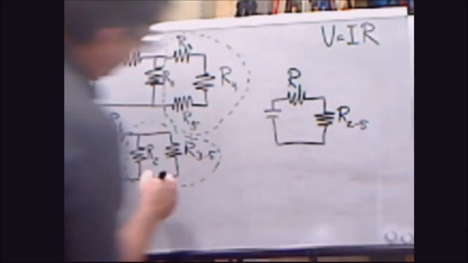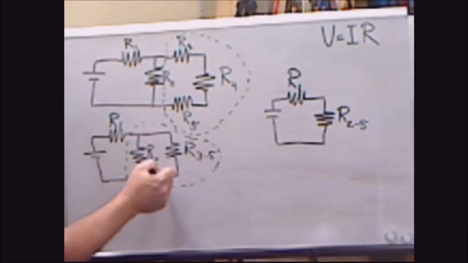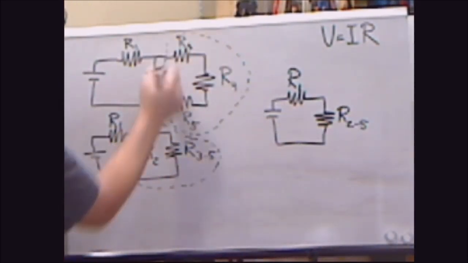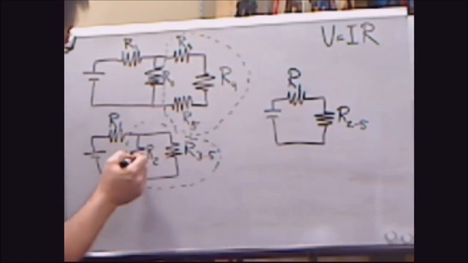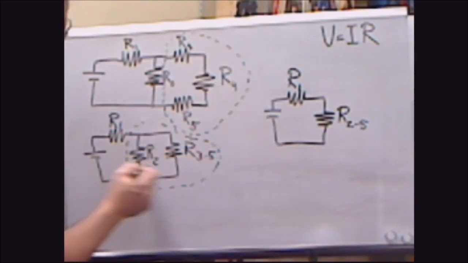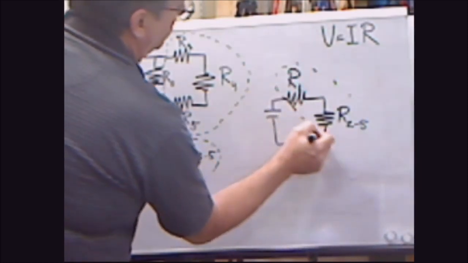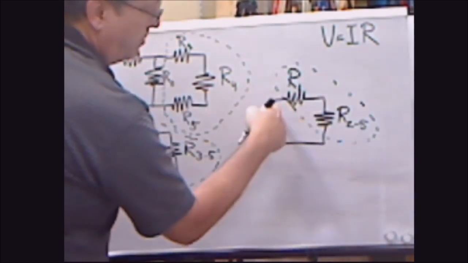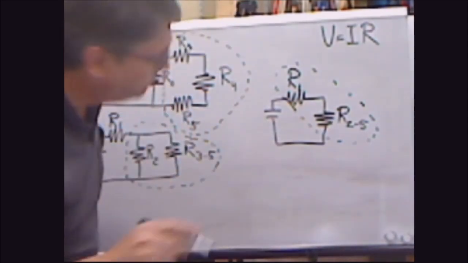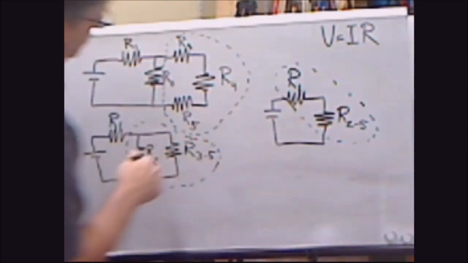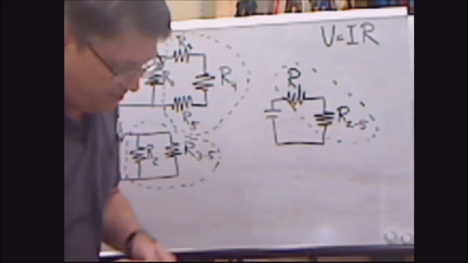We've computed the resistance of this whole system, and now we have narrowed it down to a simple series circuit. And that is what you do if you have big, complicated circuits.